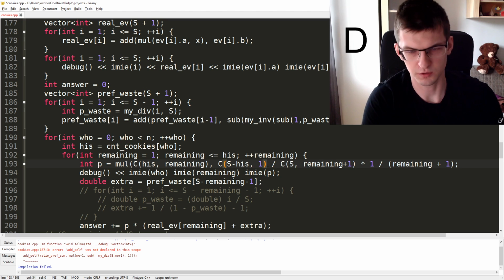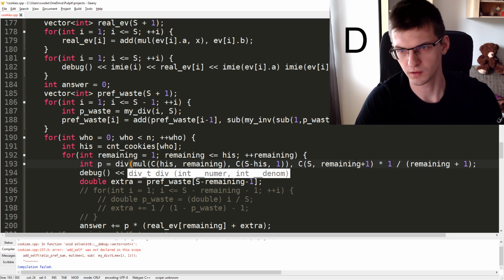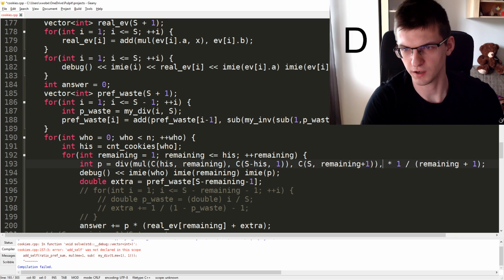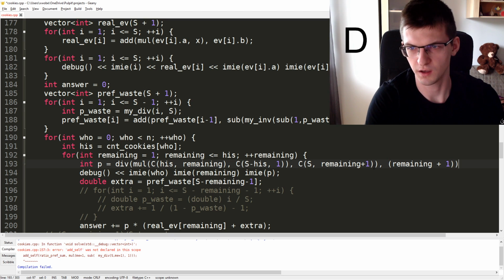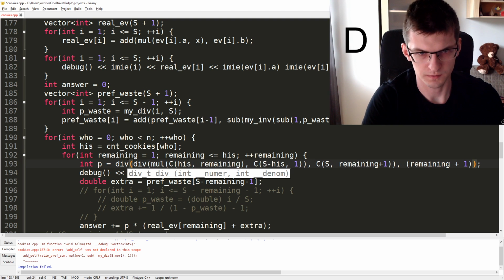Multiply those two, divide by that thing, and divide by this last thing. Remaining is small, so I don't need an extra thing. Divide.